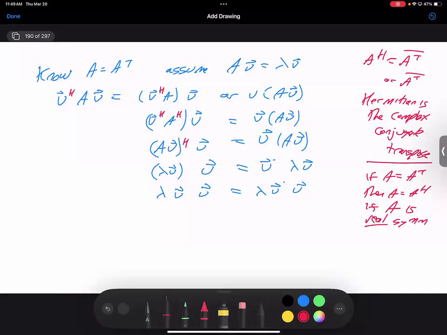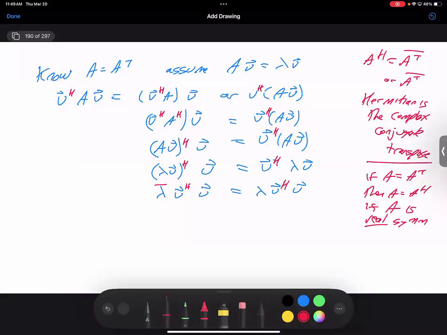And now when I take the complex conjugate transpose of lambda times V, I will get the complex conjugate transpose of V, and I'll get the complex conjugate of lambda. And on the other side, I just have the complex conjugate transpose of V going throughout.